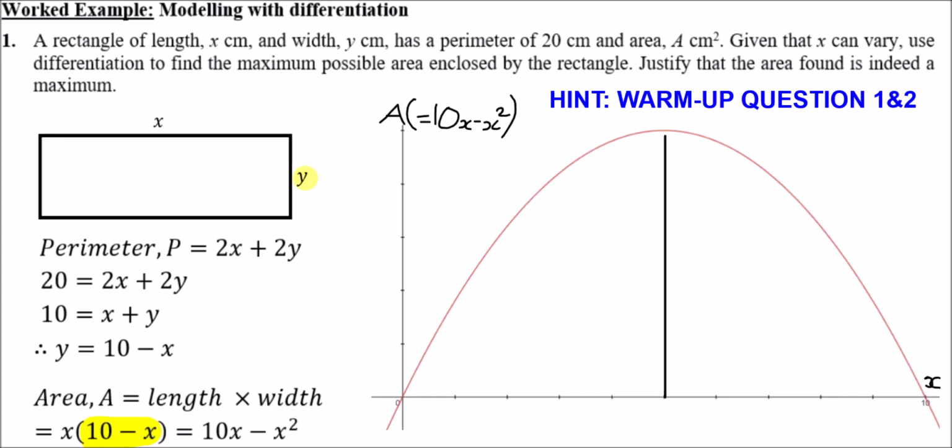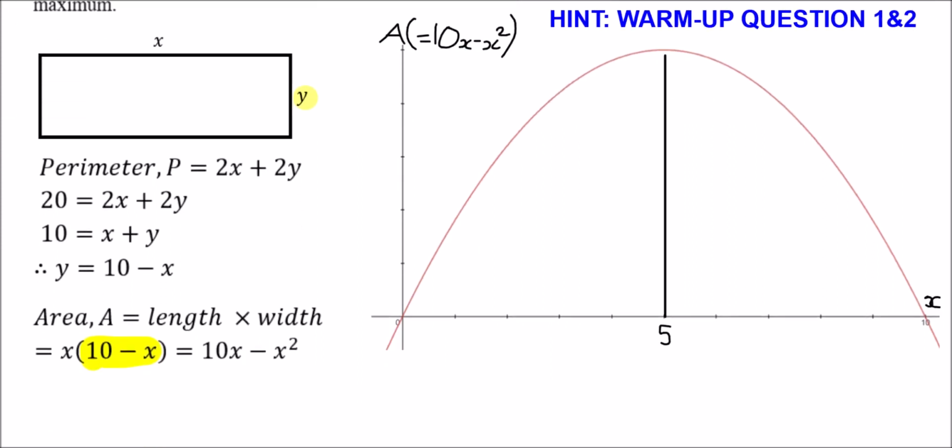So let's just see if the calculus, if this process we're going to do now with differentiation, gives us the same result. So we'd imagine when x is 5, that's going to be the maximum point. We're not doing it as a quadratics lesson per se, we're using differentiation here. So let's just see what we get from this.